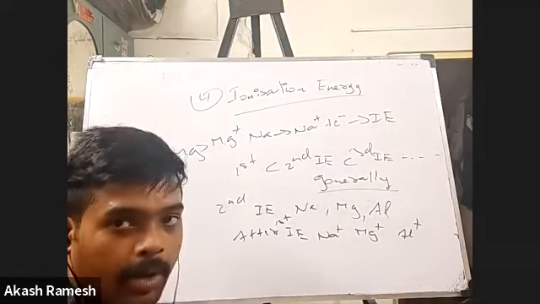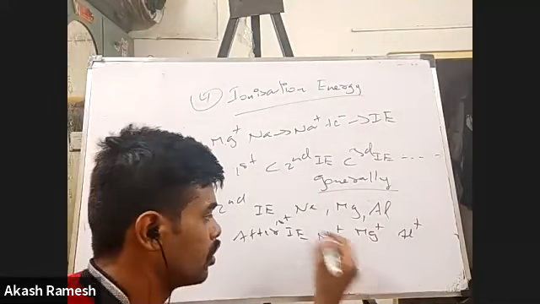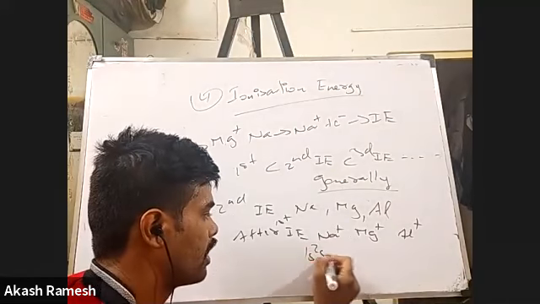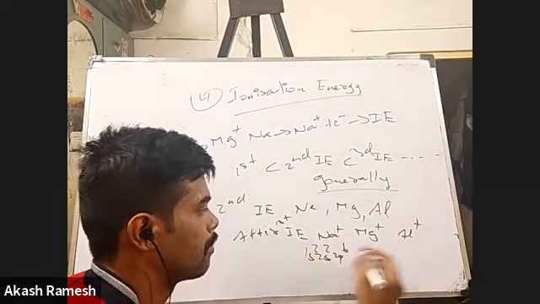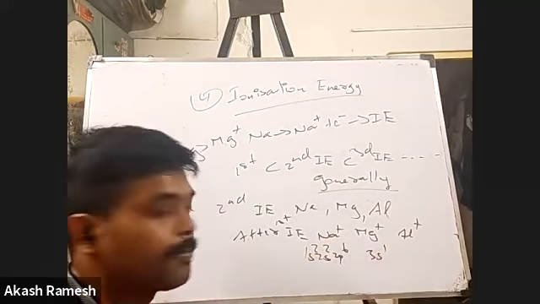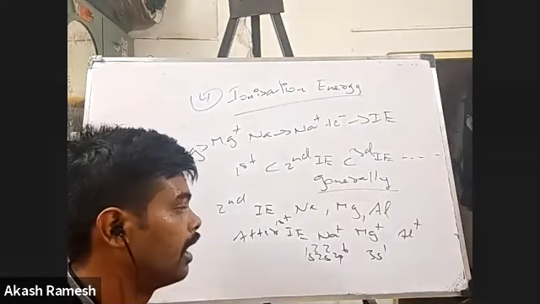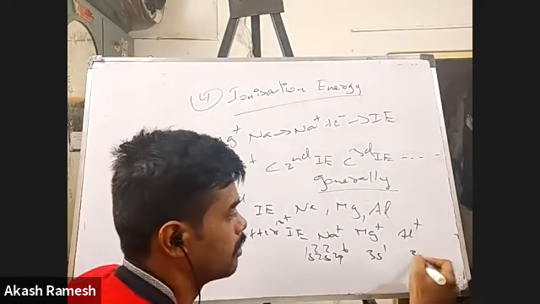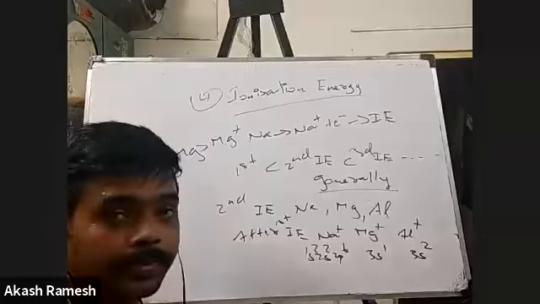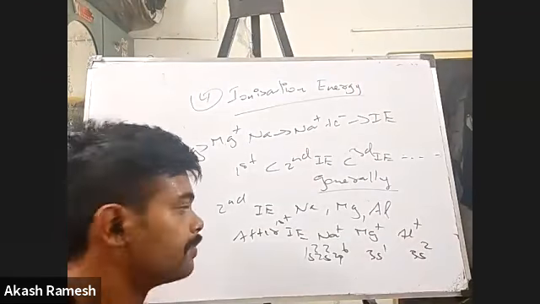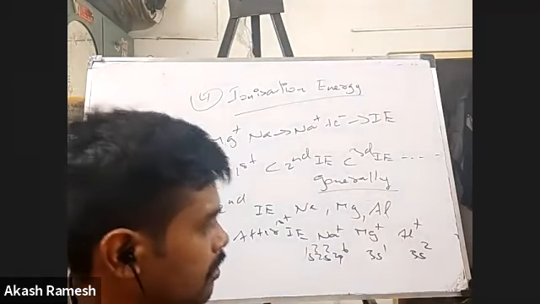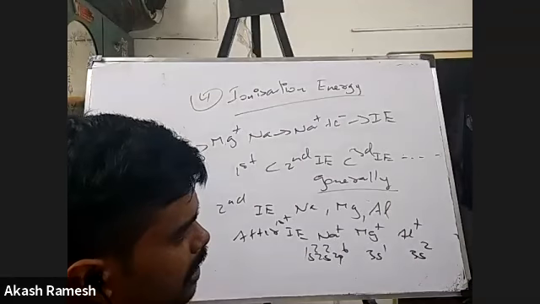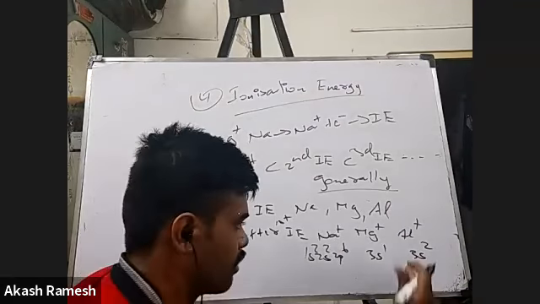Okay. Now let me look at the configuration here. Sodium would have had 1s2, 2s2, 2p6. Magnesium would have had 3s1, right? And aluminium would have had 3s2. Oh wait, it is 3s1 again, correct?